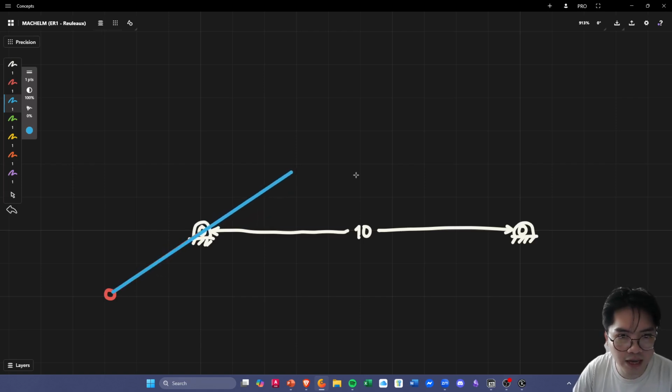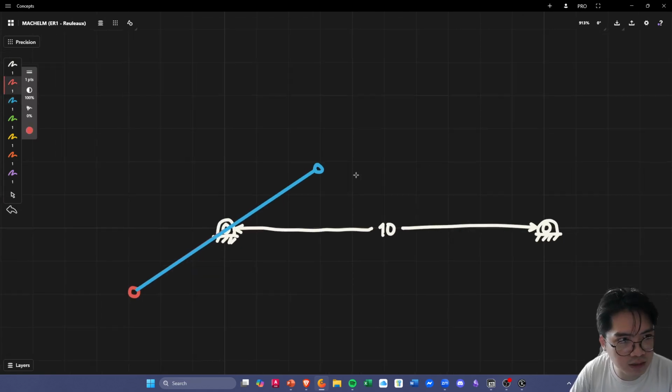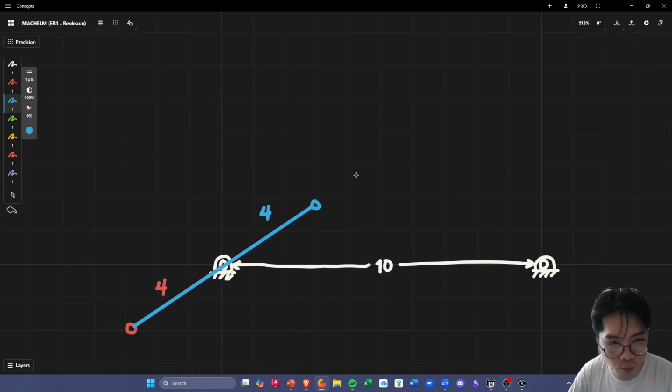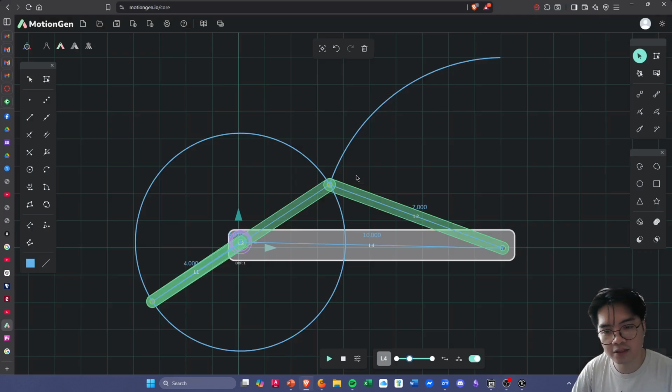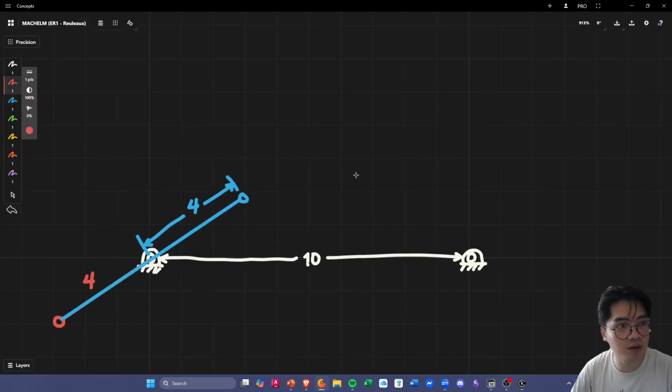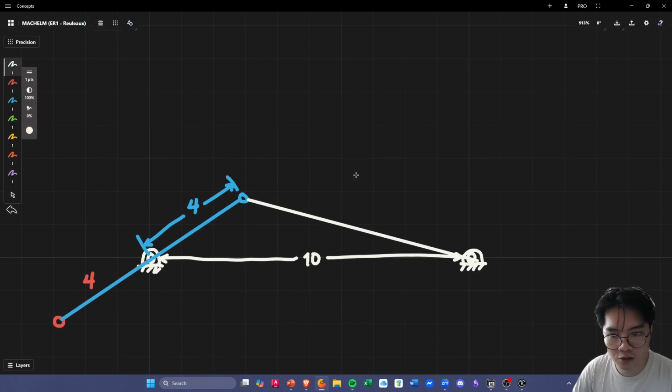So if this red link is 4 and this is 8, what counts in the triangle is just going to be a 4. That is the 4 that we see in here. Okay, and this other link right here is a 7. So we now have a triangle that is 4, 7, and 10.